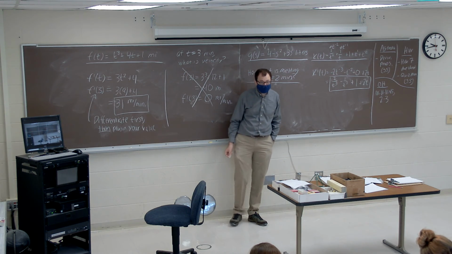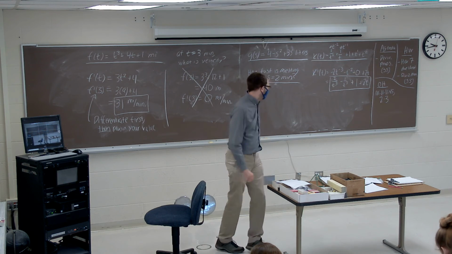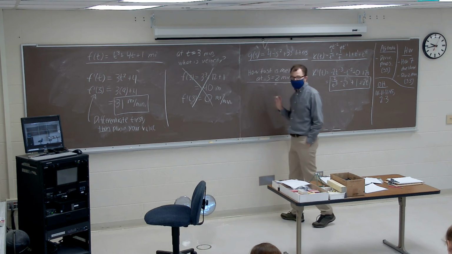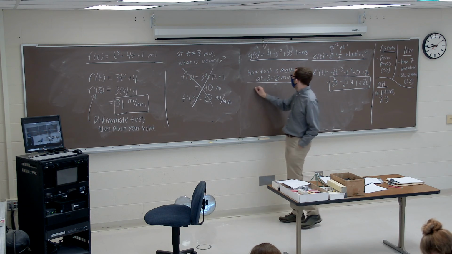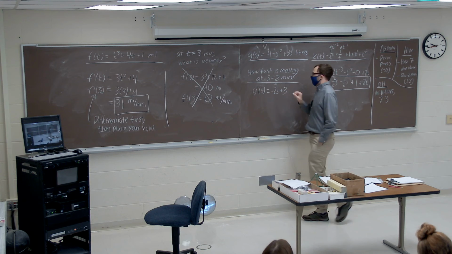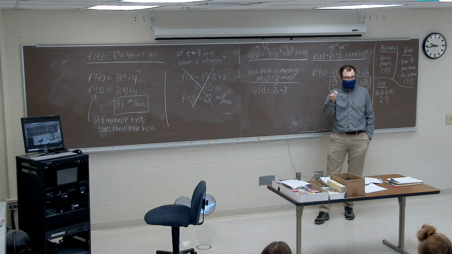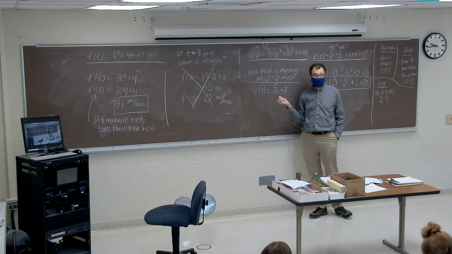Tyler? Find the derivative of g of s so that we can plug in any number, in this case 2, so then it would be negative 2s plus 3. Okay, let me stop you there for just a second. So you want to take the derivative and plug into, why are you taking the derivative?